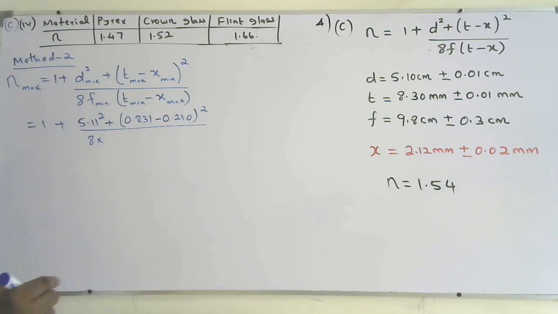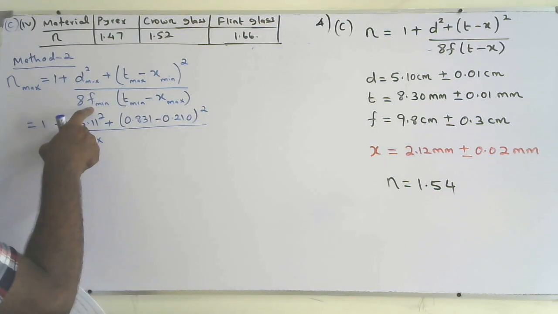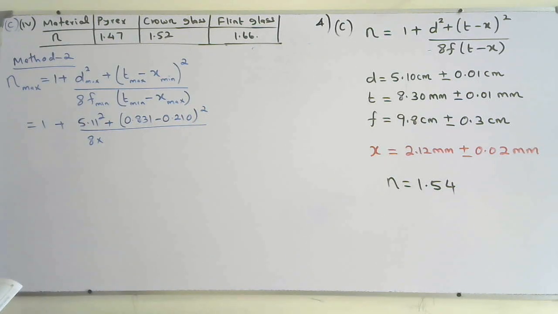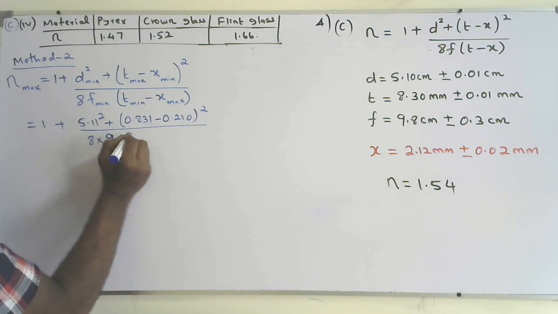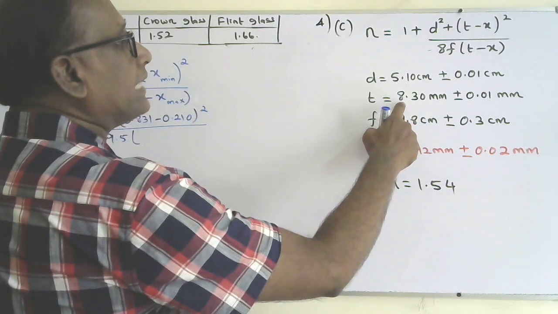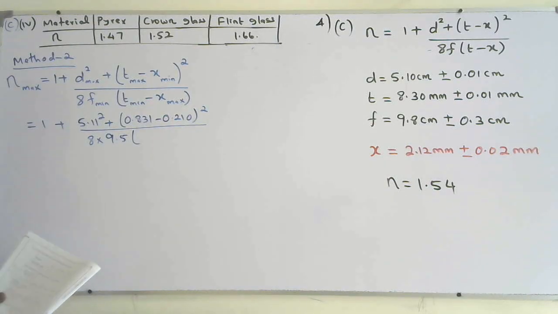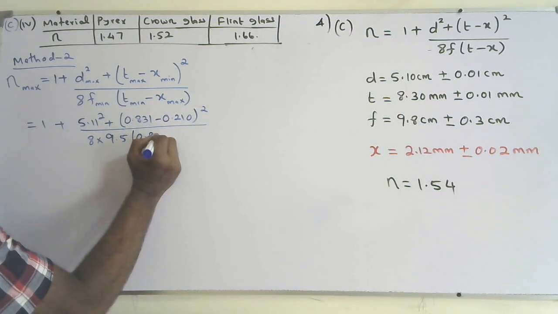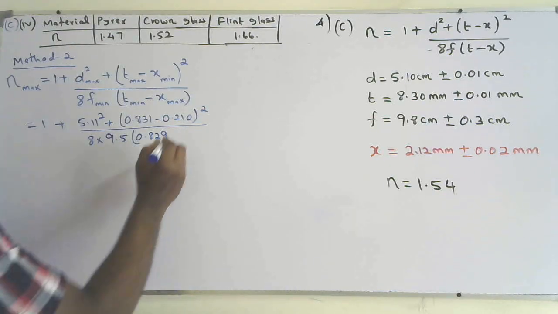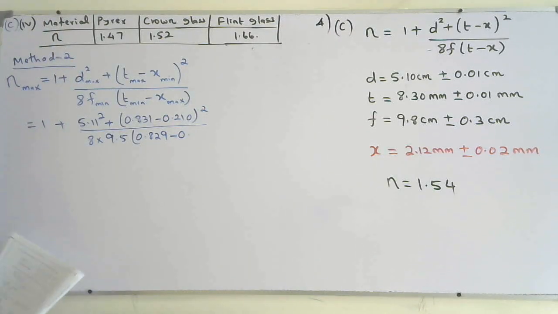So 9.8 minus 0.3, that is 9.5, into T minimum. So that will be 0.830 minus 0.001, so that will be 0.829 centimeters, minus X max, add them, 0.214.